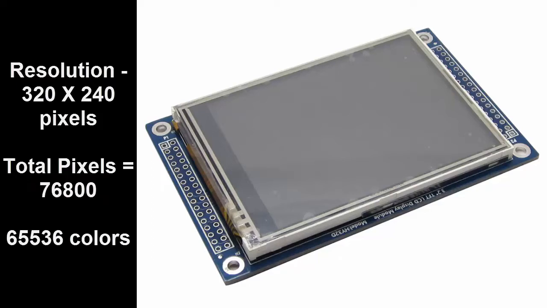Its resolution is 320 by 240 pixels. That means it has a total of 320 pixels in length and 240 pixels in width. So total pixels would be 76,800. And it supports 65,536 colors.